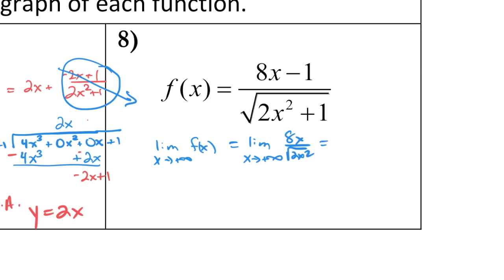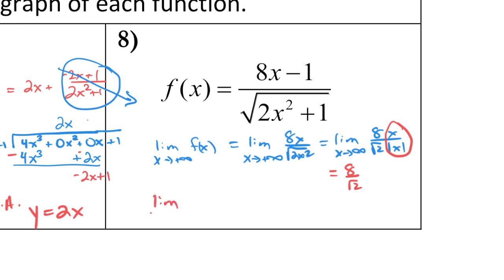Now, we know that the square root of x squared is actually equal to the absolute value of x. So we get 8x over root 2, absolute value of x. And we also know that this answer is positive or negative 1, depending on what your x is doing. So as x approaches positive infinity, your answer is going to be 8 over the square root of 2.